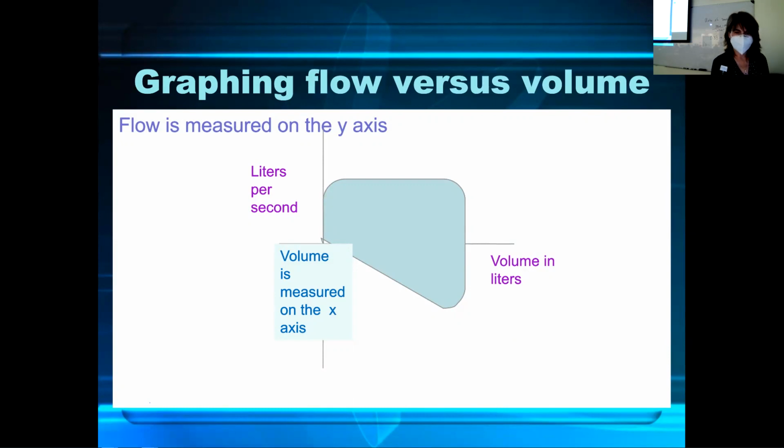With the flow volume loop, you have the y-axis showing how much flow in liters per second, and the x-axis is showing volume. So the further out this line comes, the more volume that went into the patient's lungs. On top is inspiration, and on the bottom is exhalation.